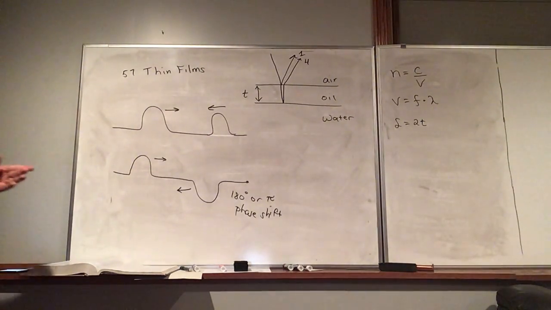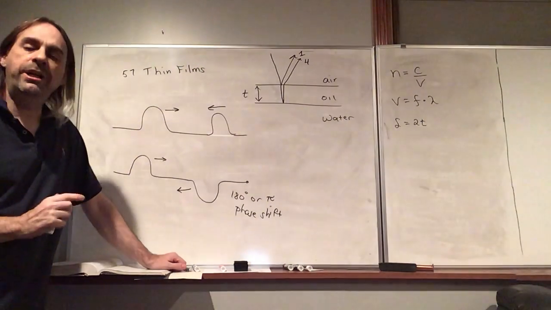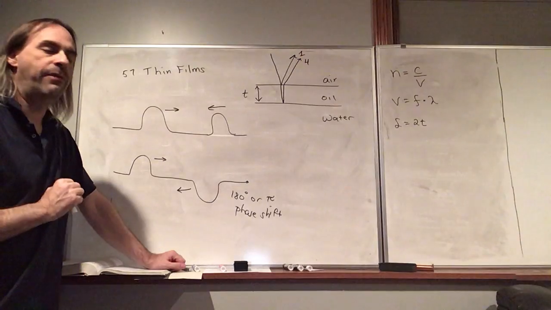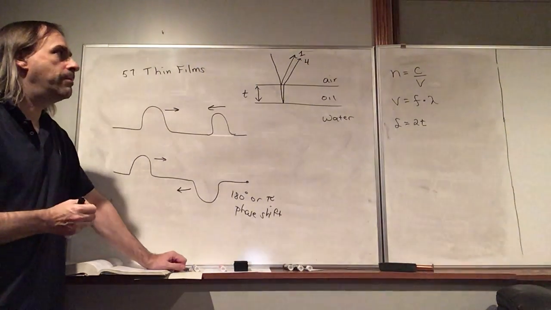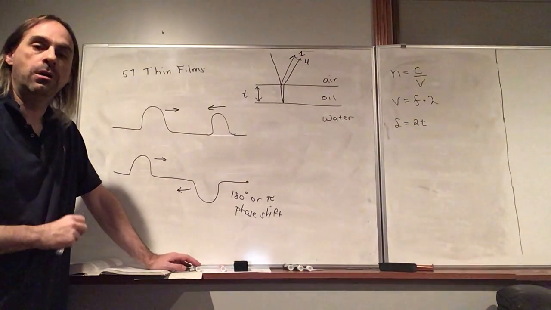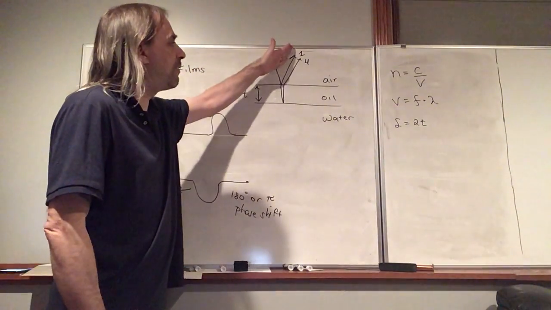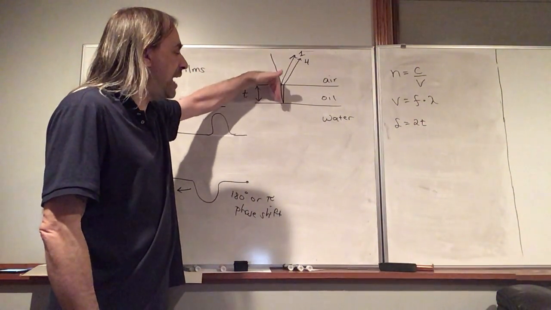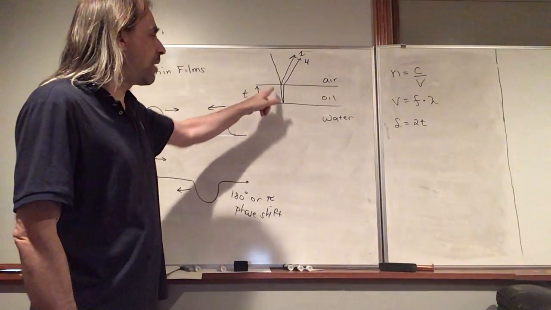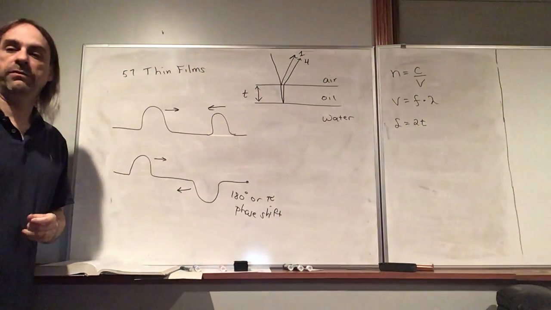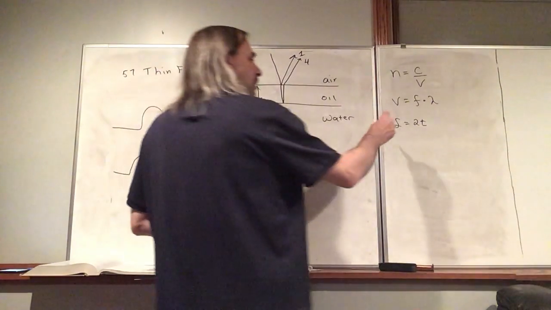Okay, now this phase shift only occurs when you have a reflection. Or maybe I should say it may occur when you have a reflection. So when this first ray hits, we have a reflection and a refracted ray. The refracted ray does not have a phase shift. That's important, so I'm going to write this down.